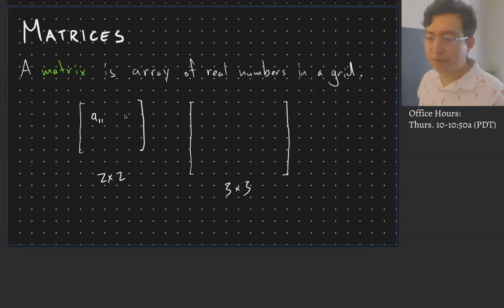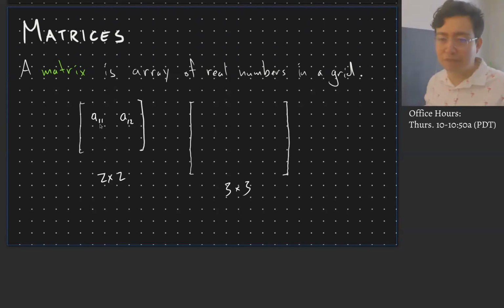This is also in the first row, so we put 1, and it's in the second column, so we put 2. I know it looks like a 12, but you should not read these as numbers. This is not 11 and 12. This is 1, 1, and this is 1, 2. You can put a comma there if it makes you feel better.